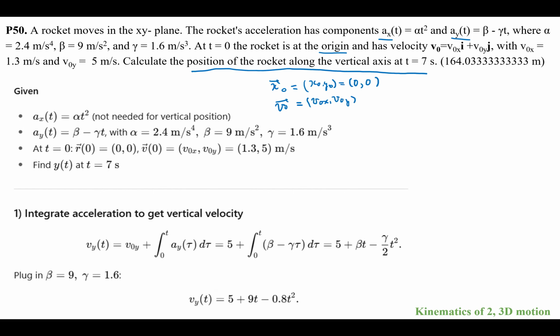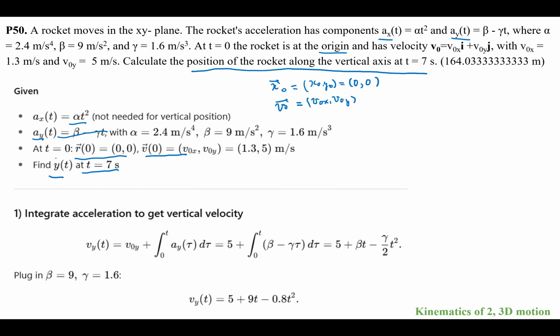Okay. So let's think about what is going to happen. So ax along the horizontal direction is alpha t squared. Along the vertical direction, we have this one. And we have this initial position and initial velocity. And the question is to find out y(t) at t equal to 7 seconds.